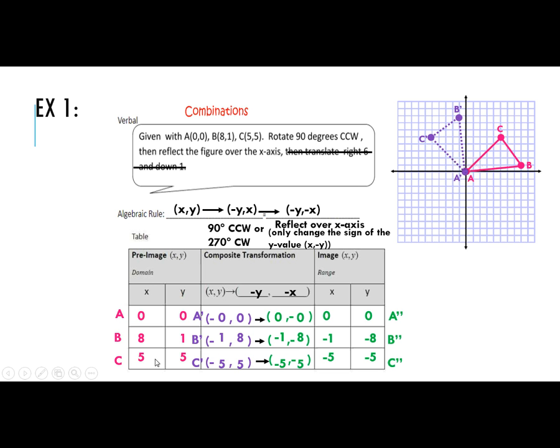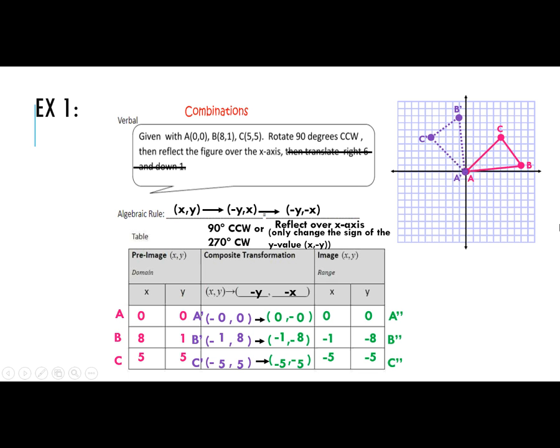All right, and then again, our points switch spots. So 5, 5 changes spots, which 5, 5 will turn into 5, 5 if they switch. Doesn't look like they've changed, but they secretly have. They're like secret little ninjas. Okay, and then both of my signs will change. So positive 5, positive 5 will transform into negative 5, negative 5. So that's another way to look at how to get these points.